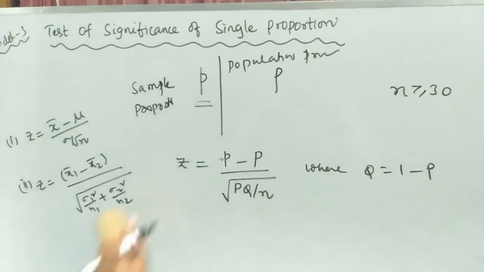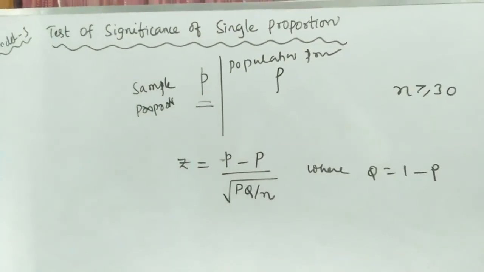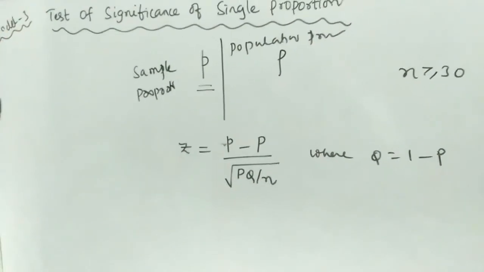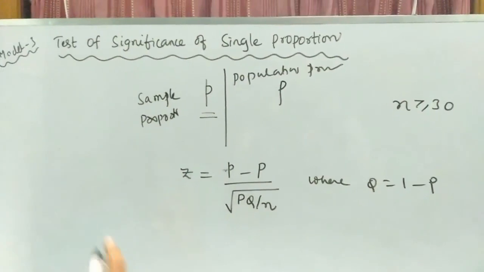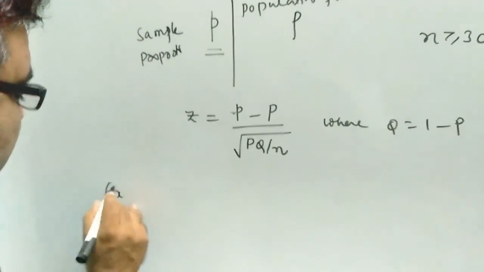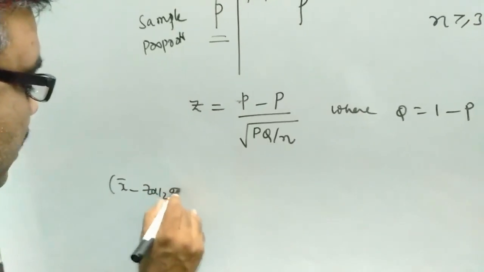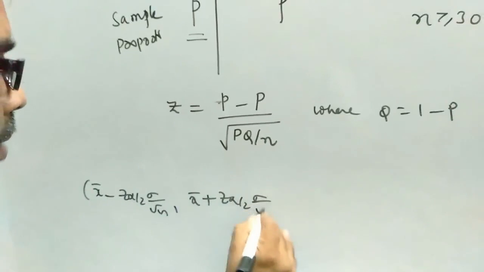Also here I can give one formula, that is the estimation of population proportion P using the sample proportion small p. We know that in evaluating the mean, the interval estimation will be x bar minus z alpha by 2 into sigma by root n, x bar plus z alpha by 2 into sigma by root n.